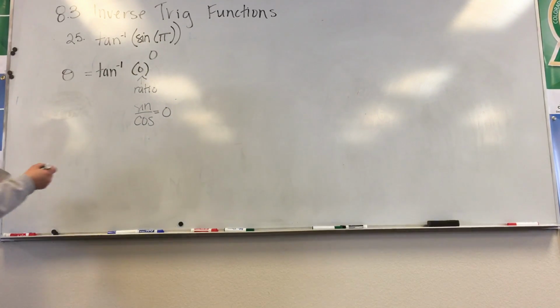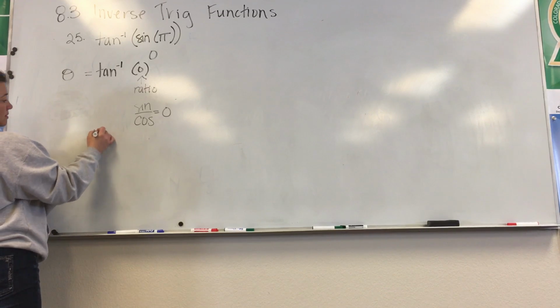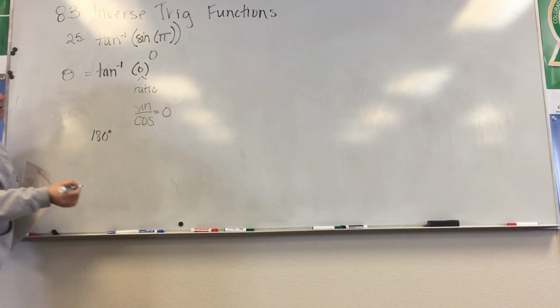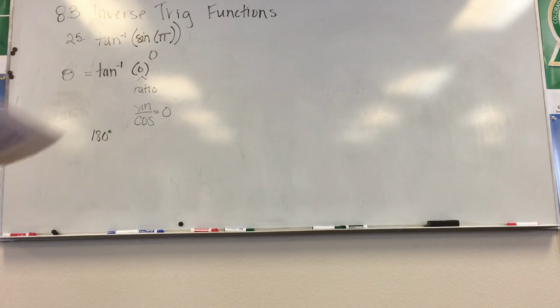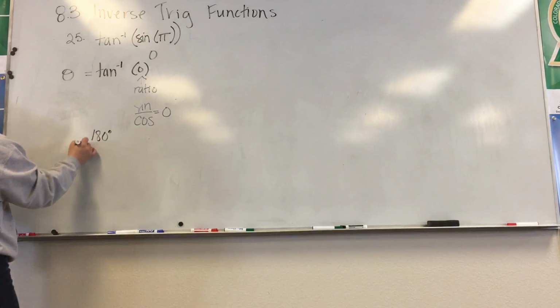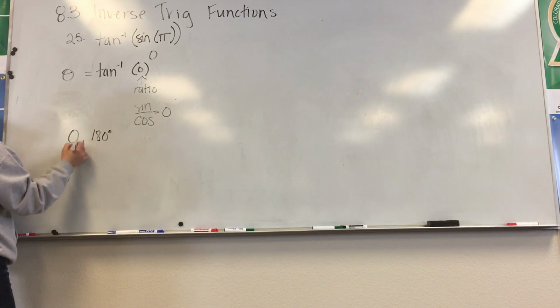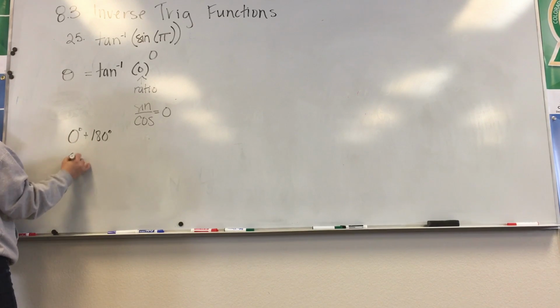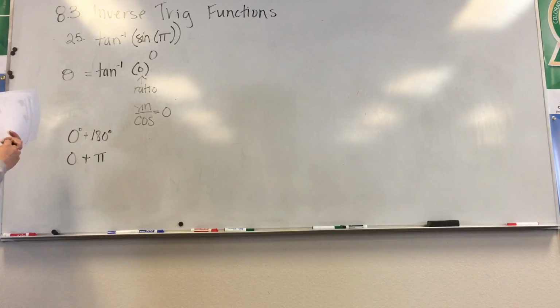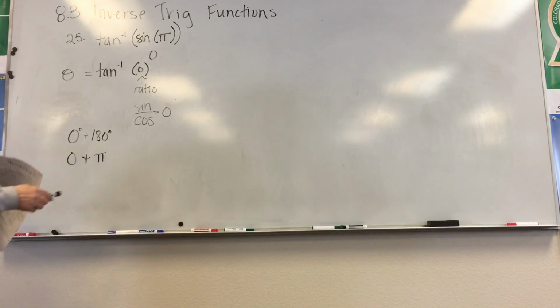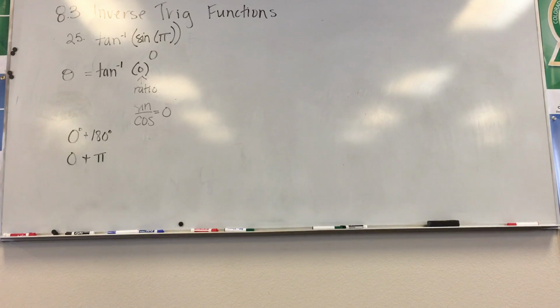Okay, because we're thinking of sine as y. And 0 degrees. So it's at 0 degrees and 180 degrees, or at 0 and pi radians. We're going to further restrict that today, but that one was probably easier than you were making it.